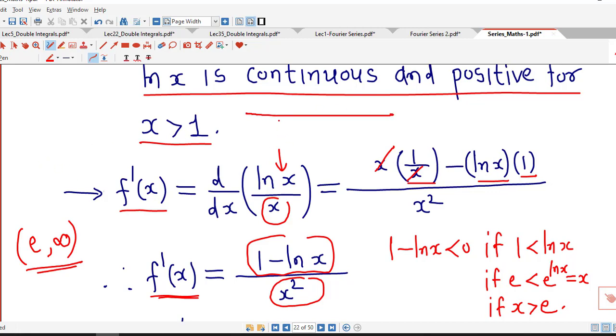So our function is starting from 1 but it is decreasing from this point. So for the integral test we don't require that the function is decreasing from this point. We require that we must find at least one integer such that the function is decreasing at every point in this interval, which is [e, infinity).